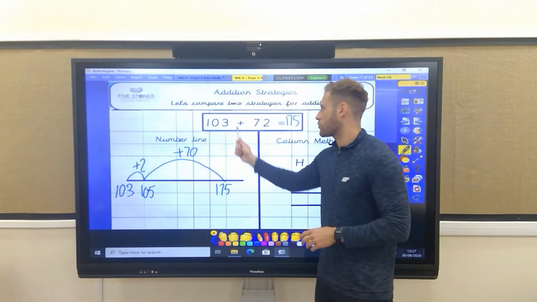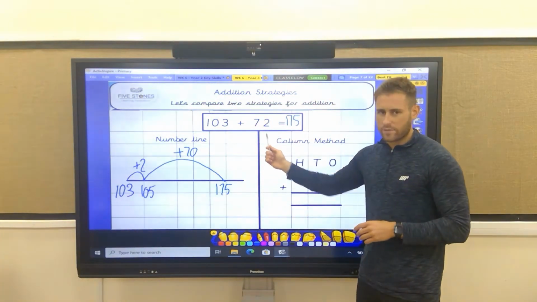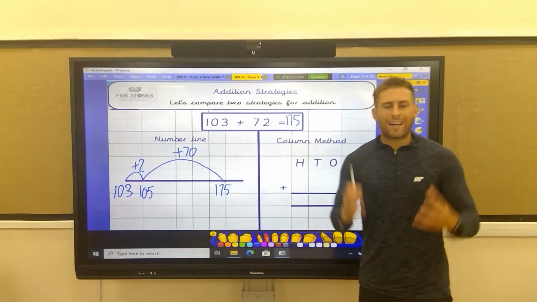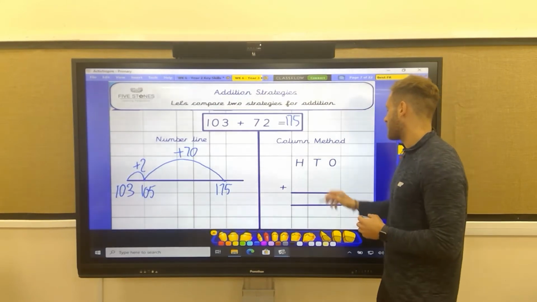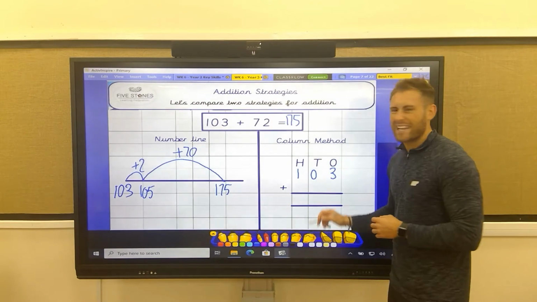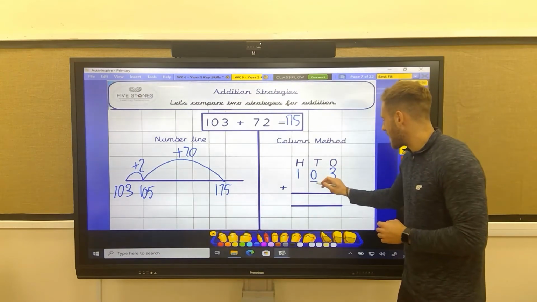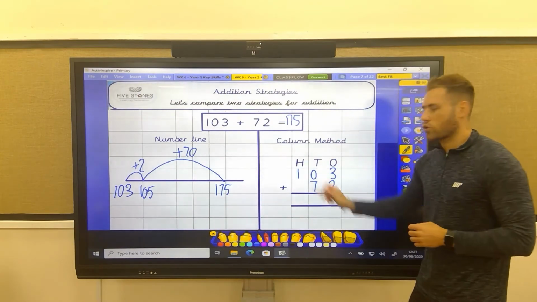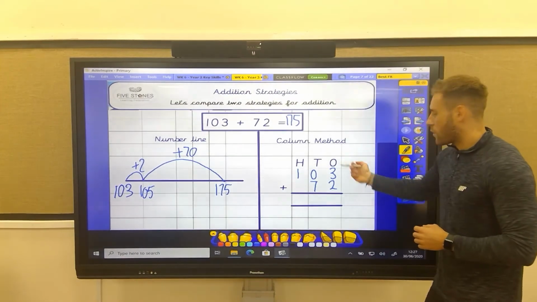We had our original of 103, we've added our addend of 72, see if we get that total sum of 175. So 103, being careful with our place value columns. 72 is actually 7 tens and 2 ones, so nothing in the hundreds there. Where do we start?